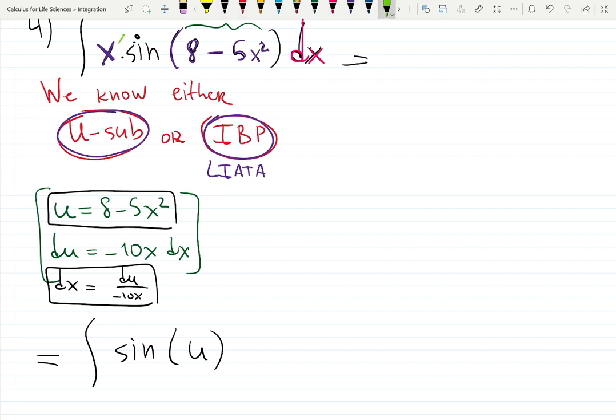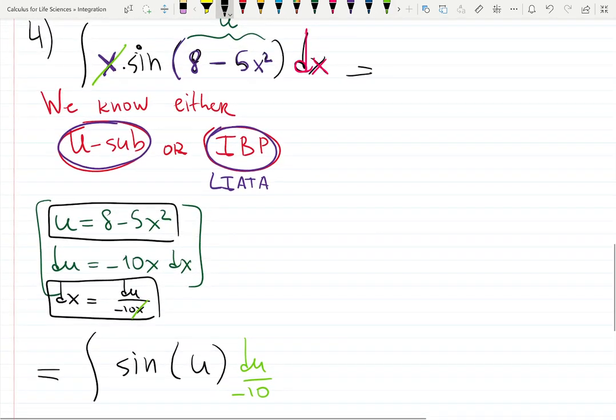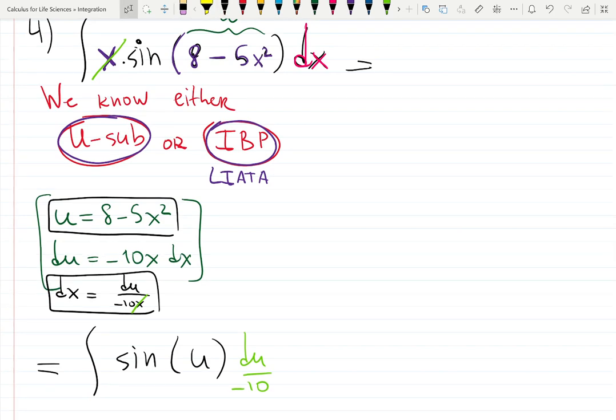So I just have du times minus 1/10, and that's what I usually do. I put it outside. But does this make sense? Do you remember u sub? If you don't put right now a huge exclamation mark, which is not a factorial, and review it at home, you have like 4 days to review this.